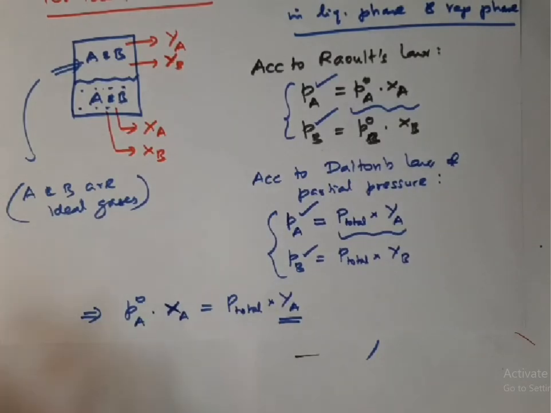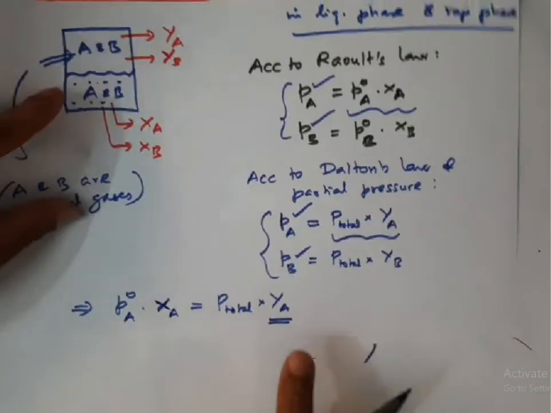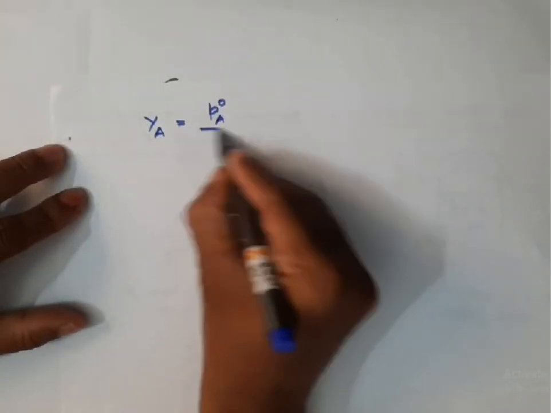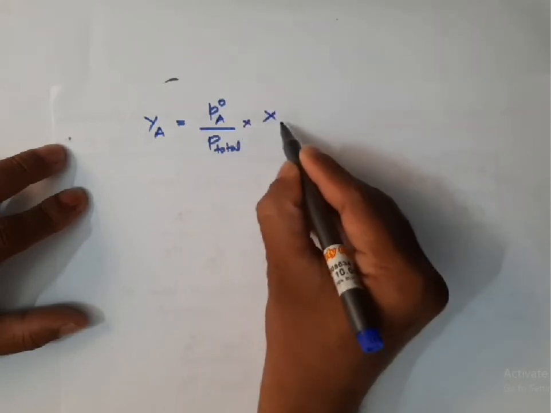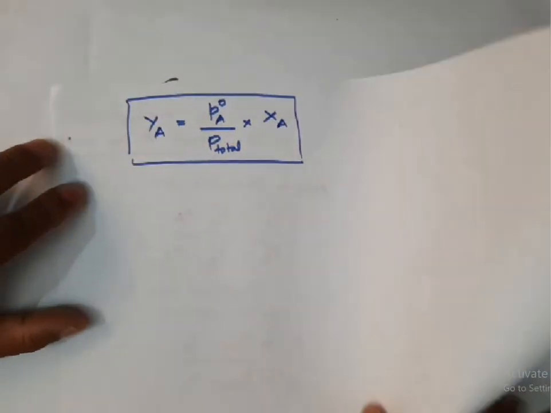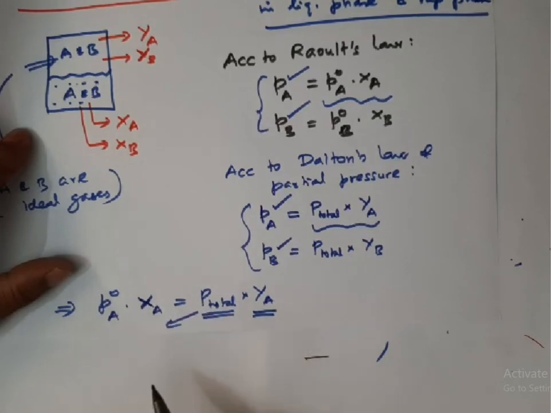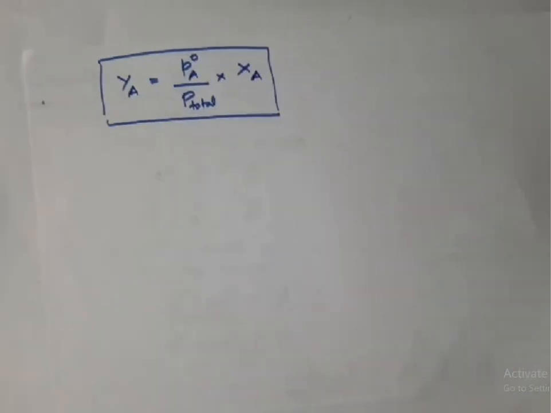We can write this as, YA is equal to, bring this total pressure down. So it's nothing but equal to vapor pressure of pure A by total pressure into mole fraction of A in the liquid phase, in the solution phase. So I just brought this term, total pressure, to the left hand side. So P naught A into XA by total pressure. I wrote that like this.